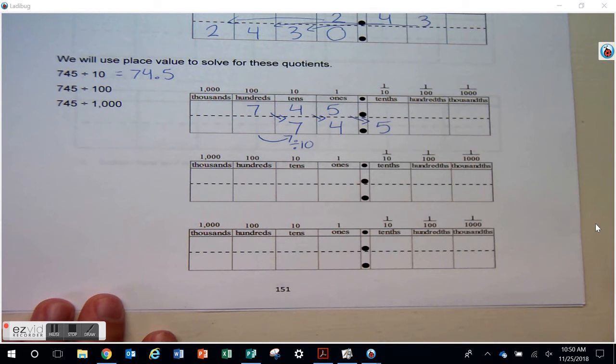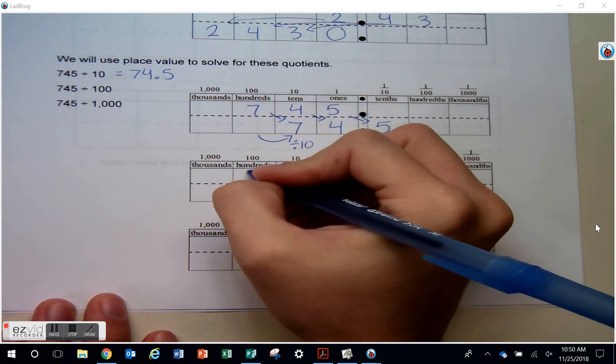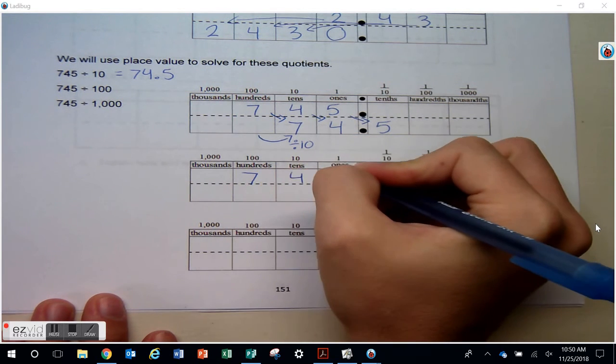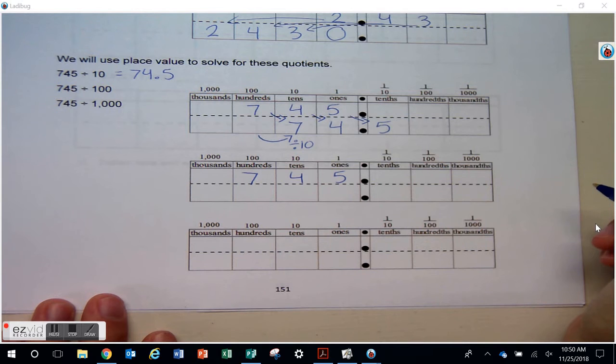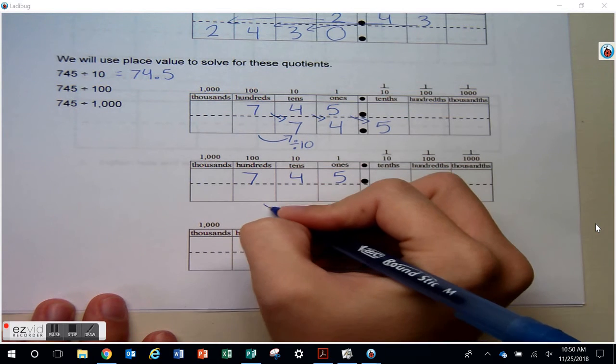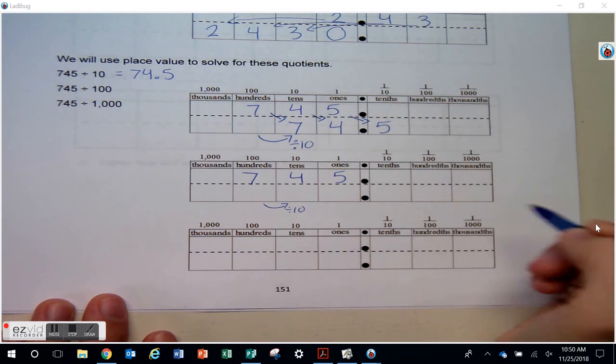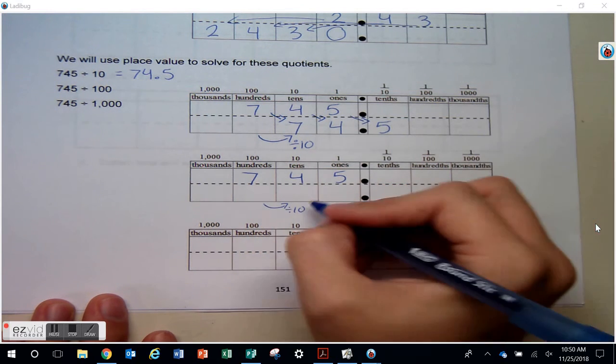Here we again have 745, and we're dividing by 100. Well, if I divide by 10, that would put me here, but dividing by 100 is the same as dividing by 10 twice, right?